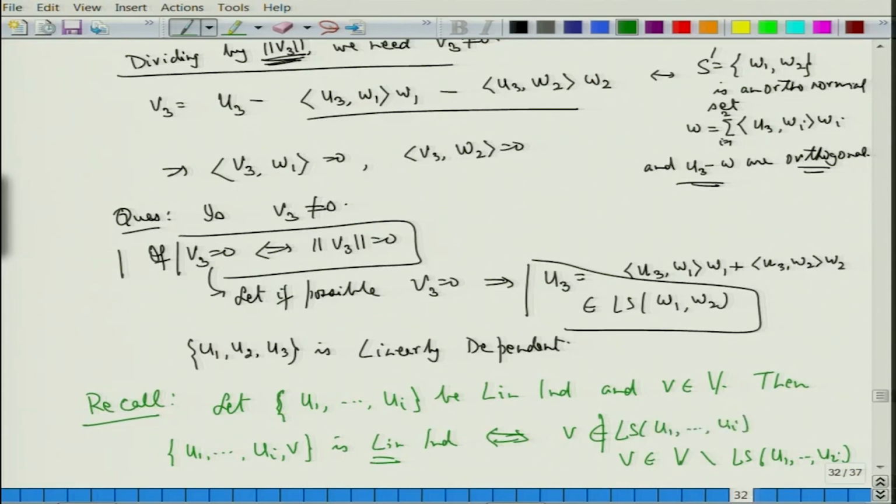This is what our theorem was in linear independence and dependence. This is what we are using at each stage.